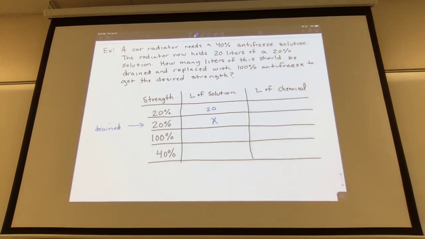So not only is that one X, but this one's X too. I'm just going to make a note so that you can follow this later. X, that same value. If you're going to drain it and then turn around and replace it, we don't know what that value is just yet, but we do know they're the same. So we're going to let them both be X. And then it says needs 40%.